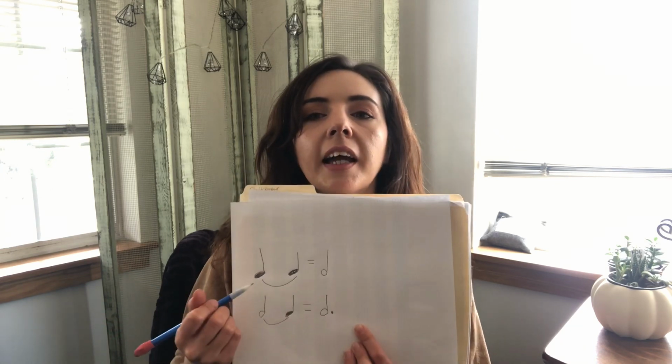So a tie is this curved line that ties two notes together. You can also put a tie above the notes like this. You may also see a tie above the notes.